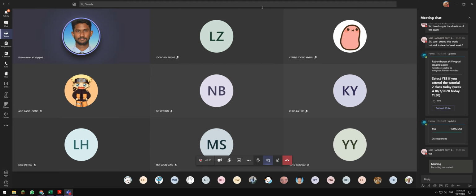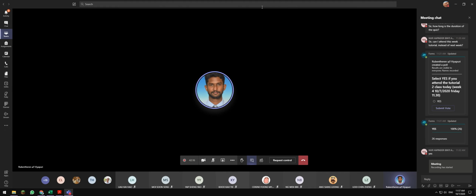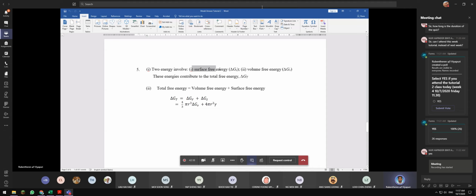Okay, let's look at the answer. This is the answer. So the two energies involved are surface free energy, which is G_S, and volume free energy, which is G_B, bulk. Both of these energies contribute to the total free energy, which is G_T.